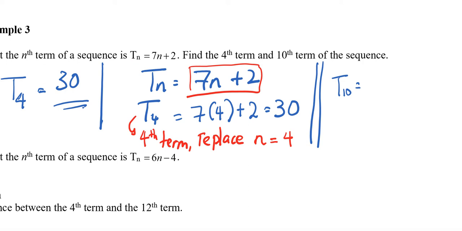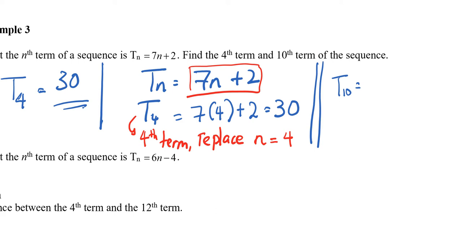Look at this box. 7n plus 2. T10 means the n. Max, this 10 means the n is equals to... This is Tn, right?